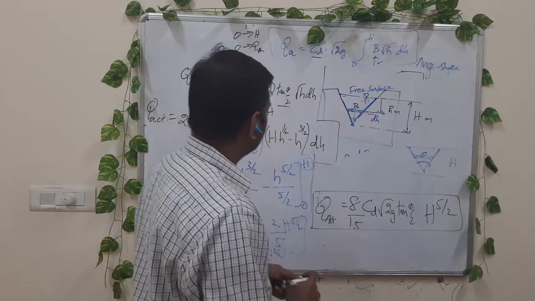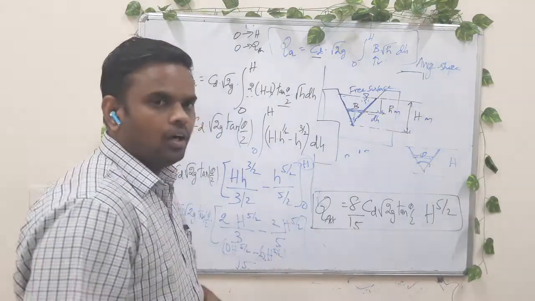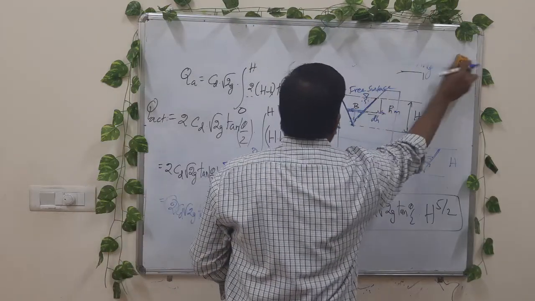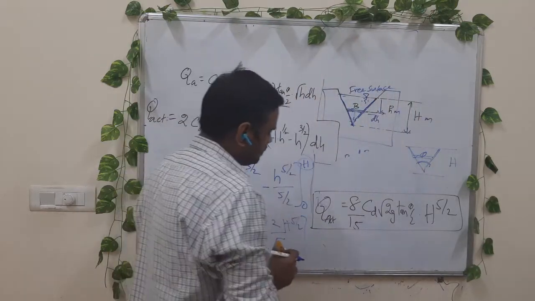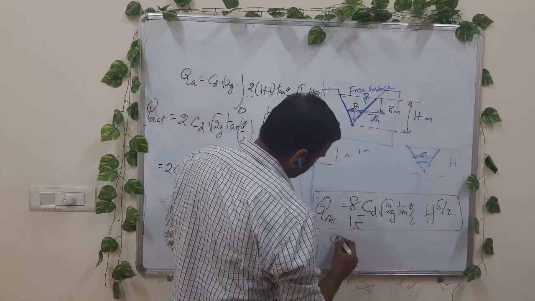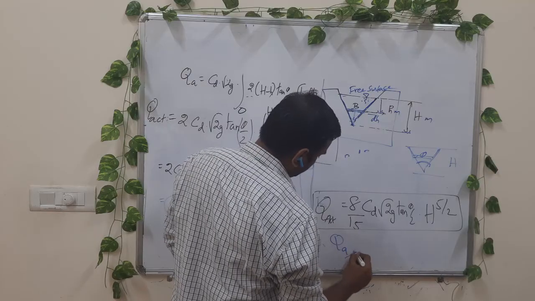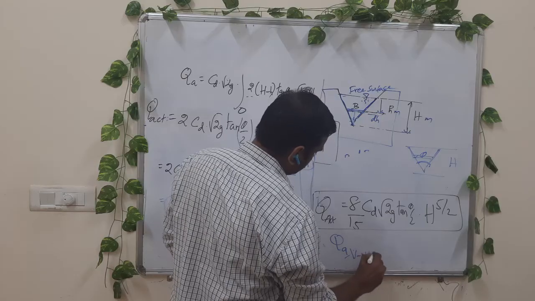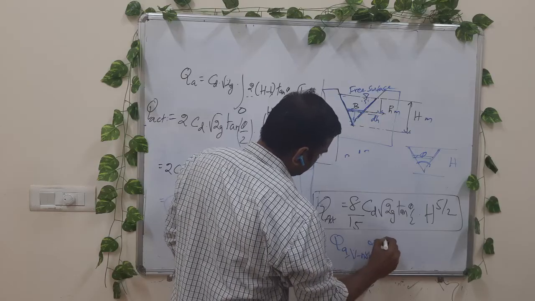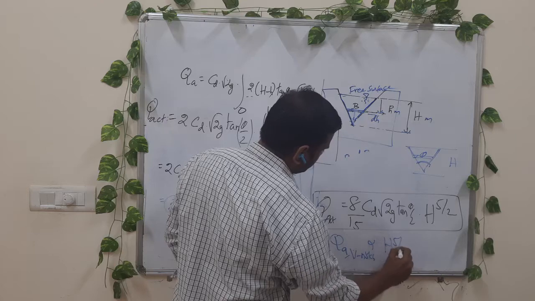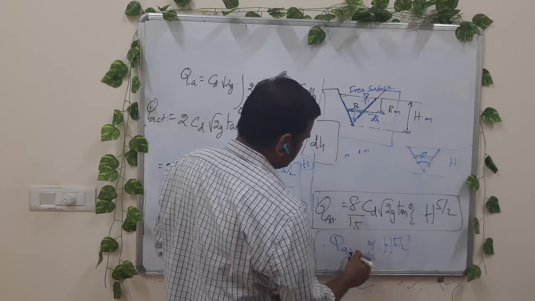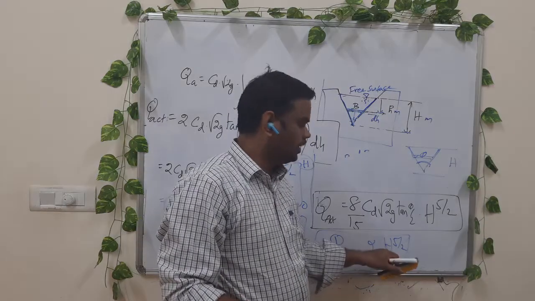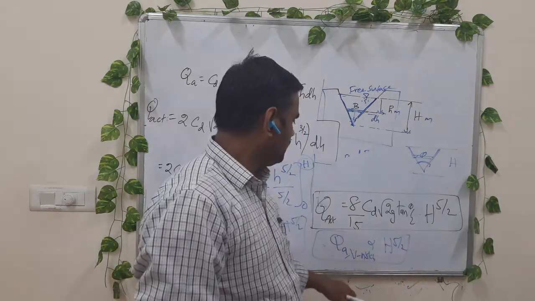In comparison between a rectangular notch and a triangular notch, we can say that Q actual for a V notch is proportional to h power 5 by 2, whereas we have already seen that Q actual for a rectangular notch is proportional to h power 3 by 2.